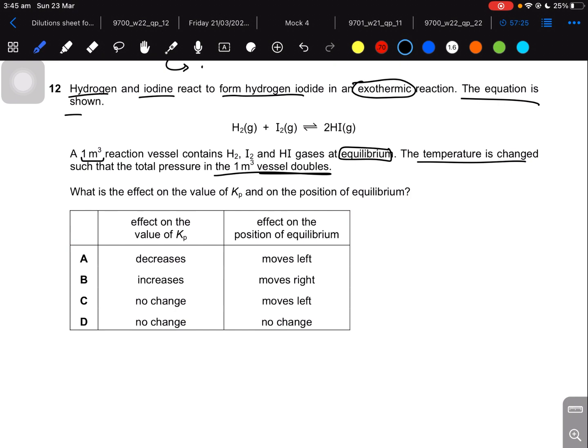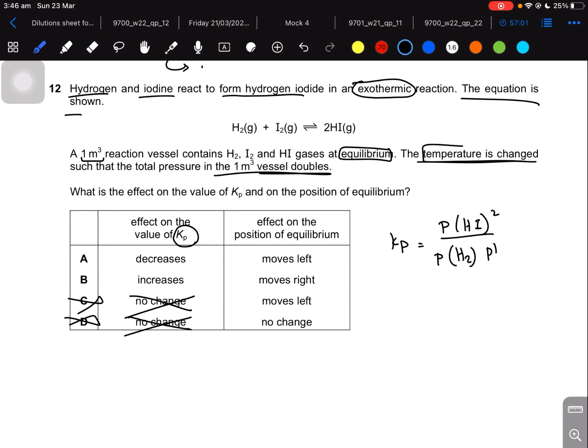The temperature is changed, and the only factor that affects Kp and Kc is temperature, so it will affect them. So no change is wrong. Effect on Kp. Okay, so Kp is the partial pressure of HI squared over the partial pressure of H2 and the partial pressure of I2.